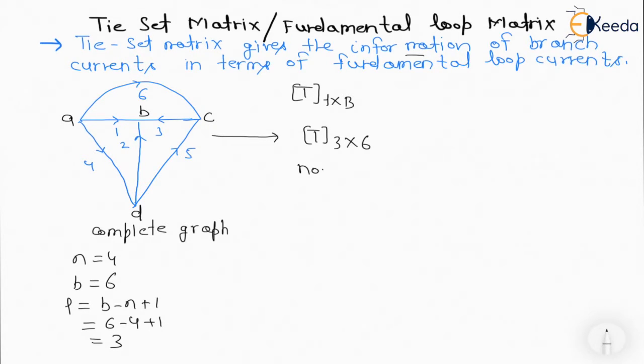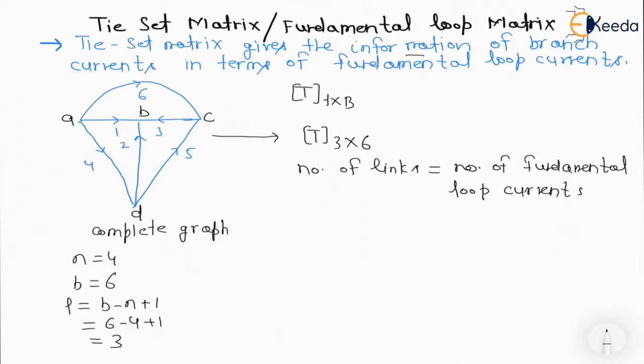Also, the number of links will be equal to the number of fundamental loop currents. So the number of links is 3 for any tree.